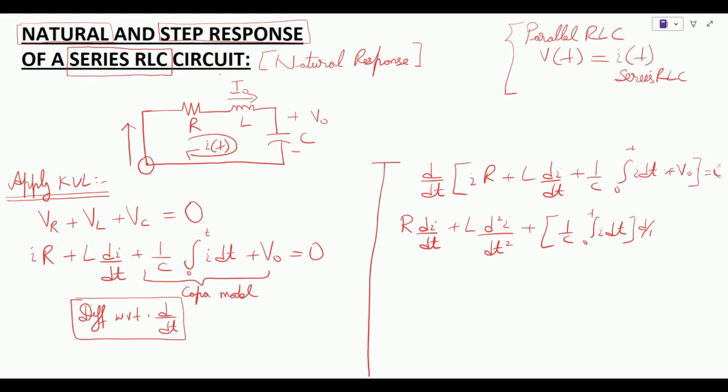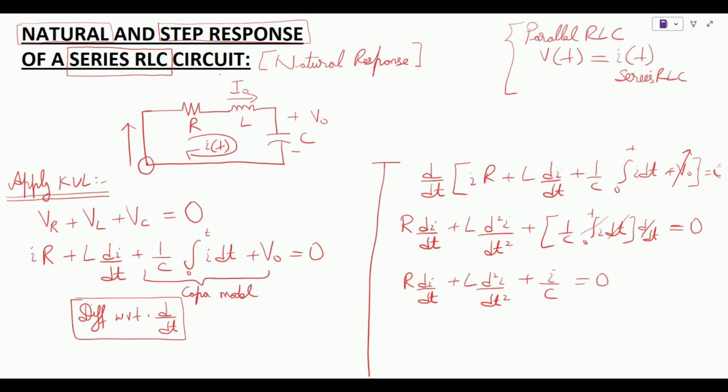V0 is a constant, so its differentiation will be equal to 0. Then we'll be left with R di by dt plus L d square I by dt square. Integral and differentiation cancel out, so we'll be left with I by C equals 0.